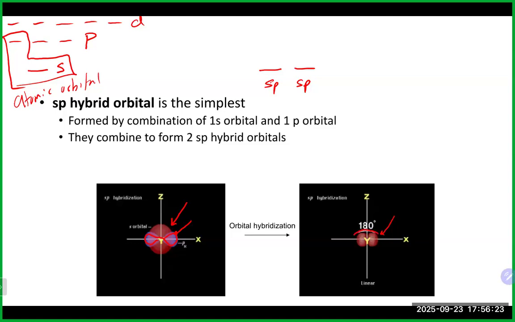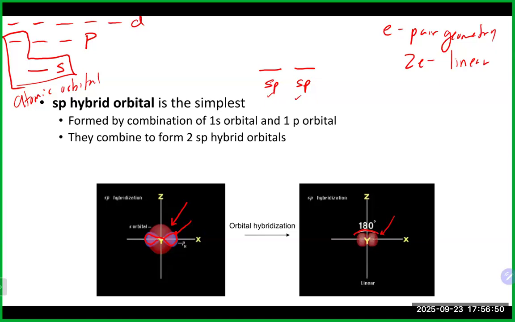Now, hybridization is linked to the electron pair geometry that we talked about. When we have 2 electron pairs, that is the linear geometry, right? 180 degrees. So that's just like 2 electron pairs, and it will have 180 degrees linearness.